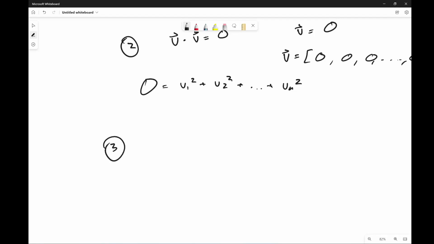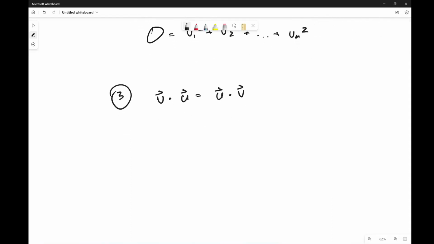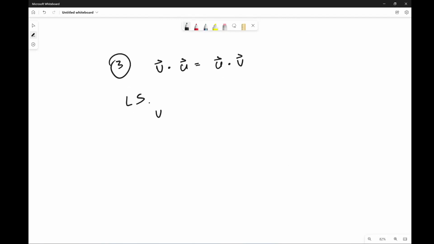The third property is commutativity. We have v dot u is equal to u dot v. So again, this is pretty easy if you want to try it yourself. Let's split this up into left side and right side. Left side, we will have v dot u.